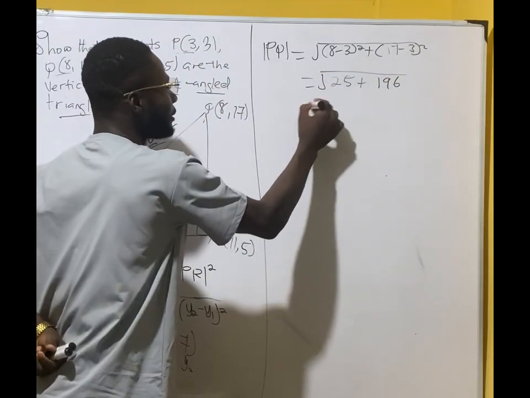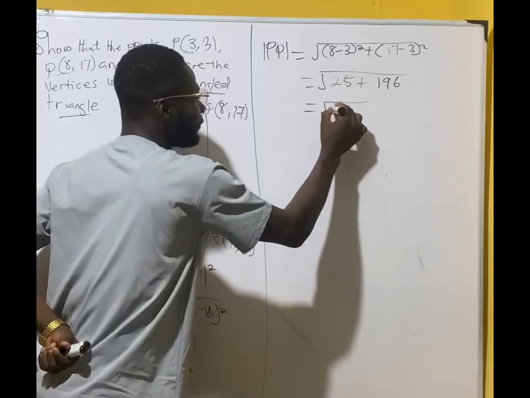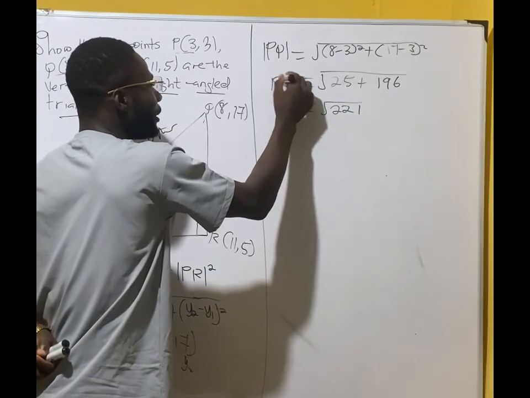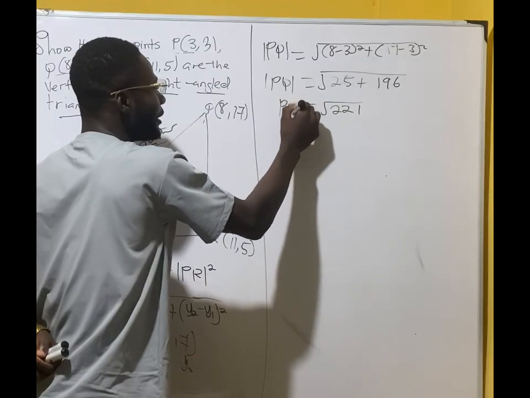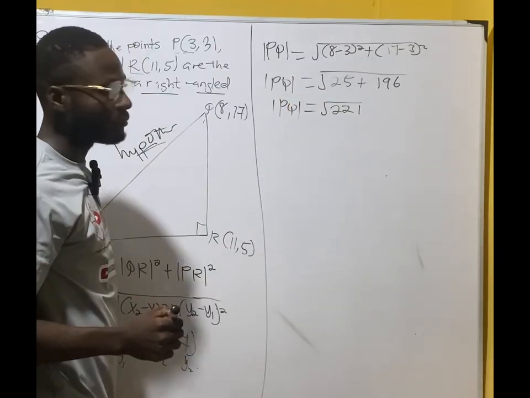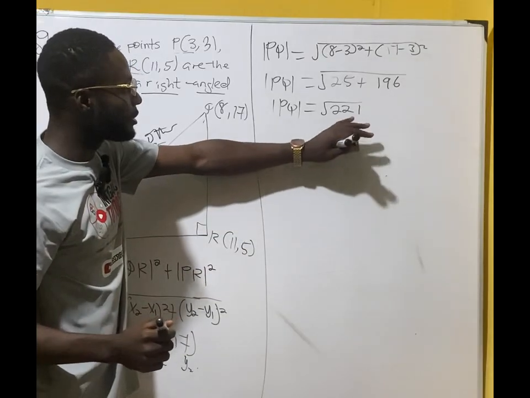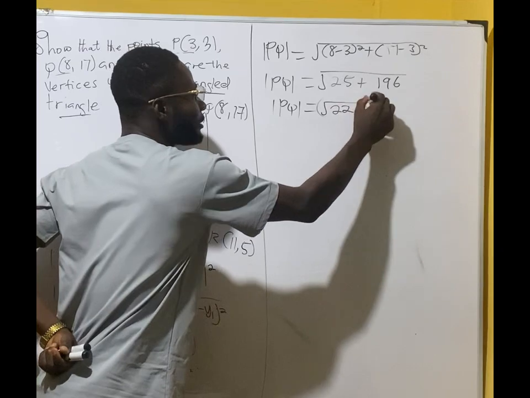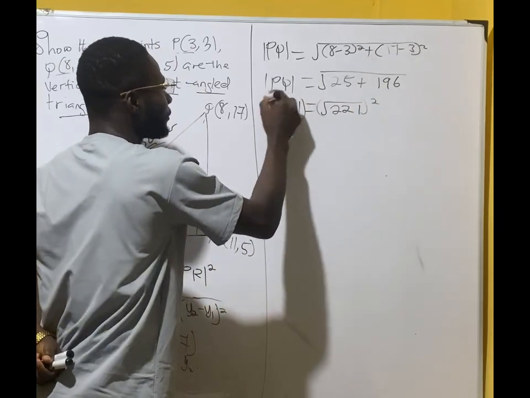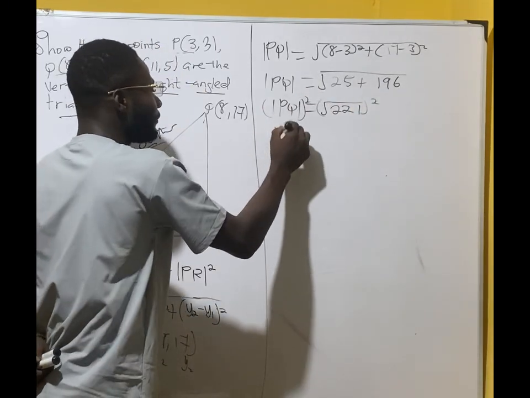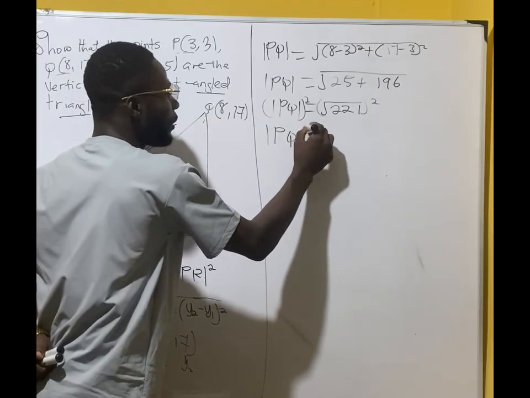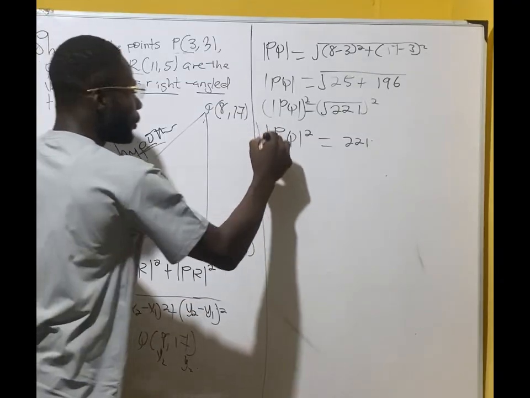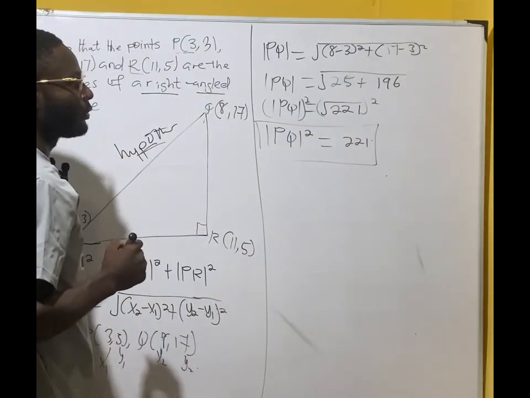So this gives us the square root of 221. That is the distance along PQ. We can square both sides, so PQ squared is equal to 221. Let's note this.